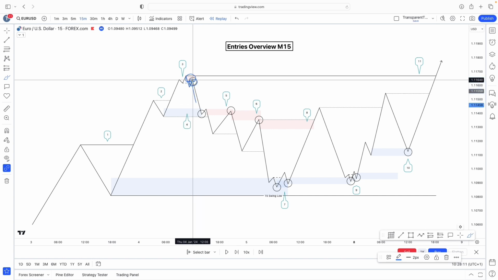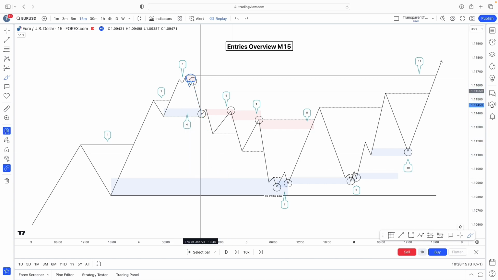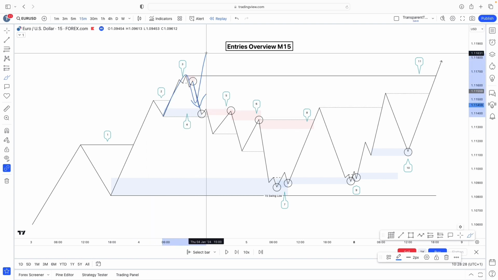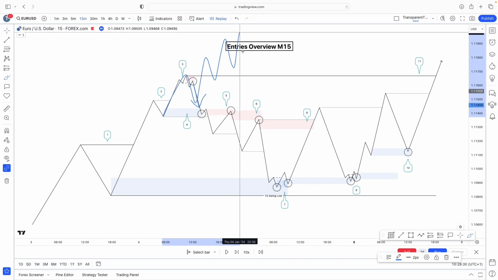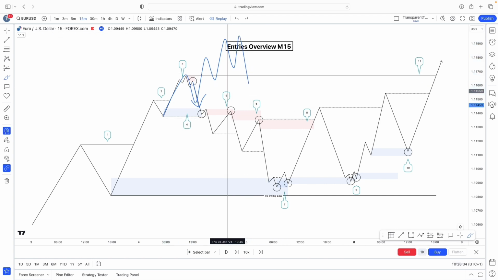Now, we don't want to be targeting all the way down here, right? Because the CHoCH only signals the internal pullback. It doesn't signal the swing pullback. So potentially we want to target maybe 3R instead of the normal 5R, and target the discount demand of the internal, because we expect that the strong internal is still going to hold and still going to continue bullish until we get that break of internal structure to the downside.